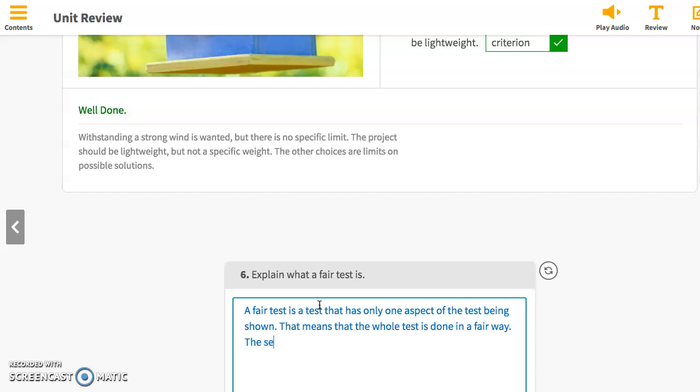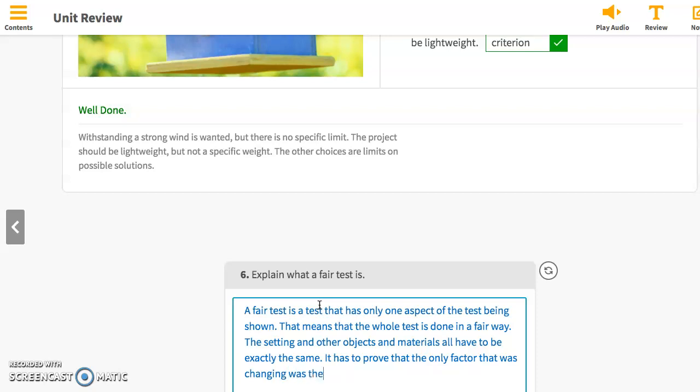The setting and other objects and materials all have to be exactly the same. It has to prove that the only factor that was changing was the one that the scientists are measuring.